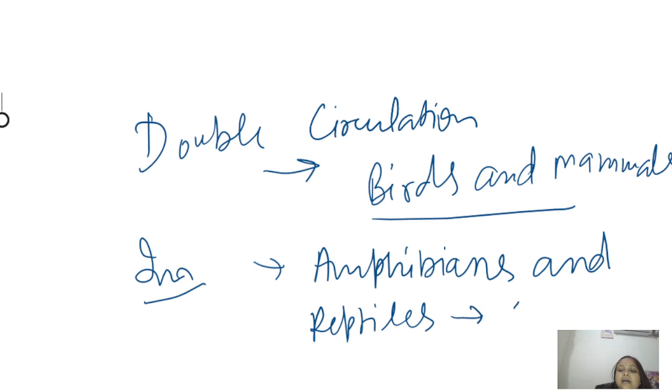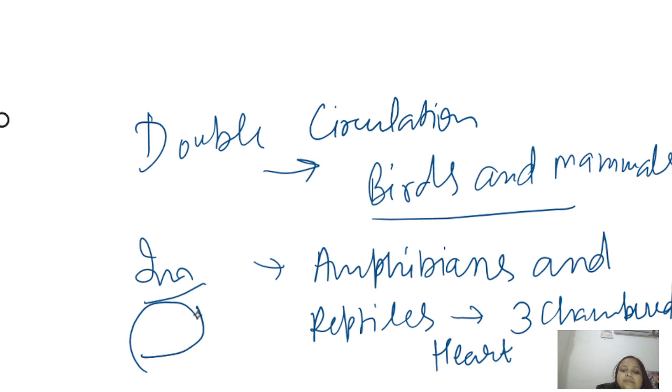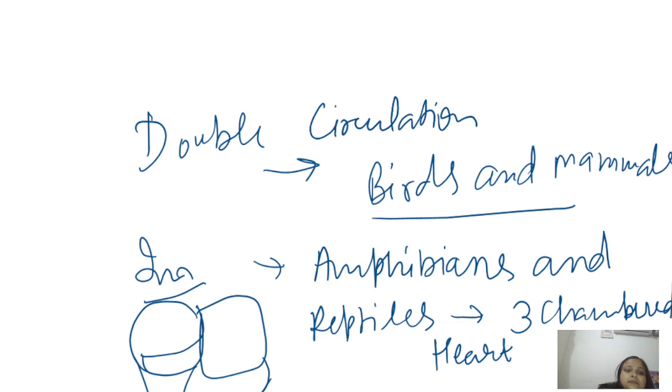there is a three-chambered heart, two atria and one ventricle. In them, the oxygenated and deoxygenated blood both get mixed in the ventricle.